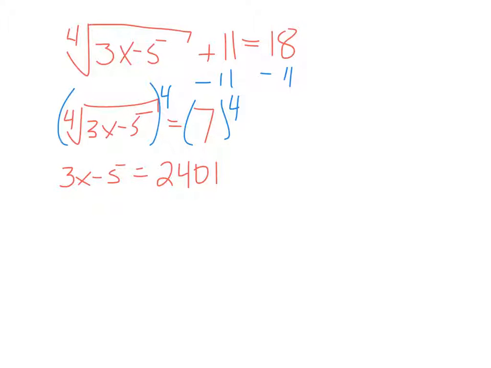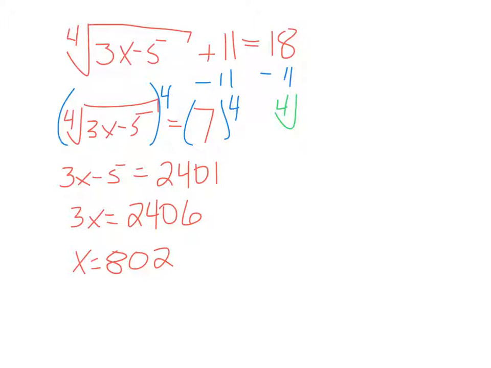Add 5, so 3x equals 2,406. Divide by 3, so then x equals 802. All right, so again, we better check. We need to know. So what's 3 times 802?